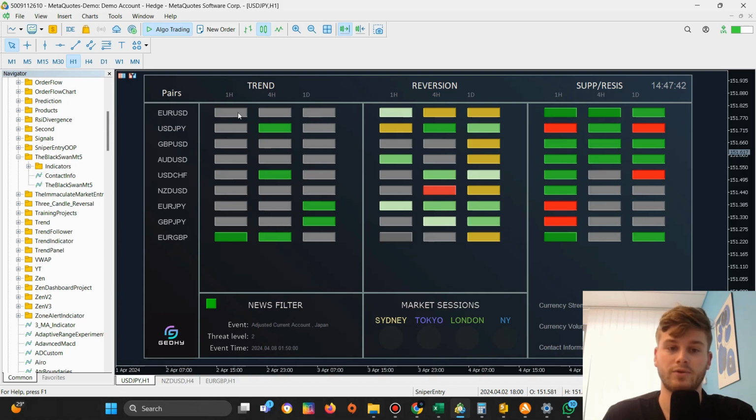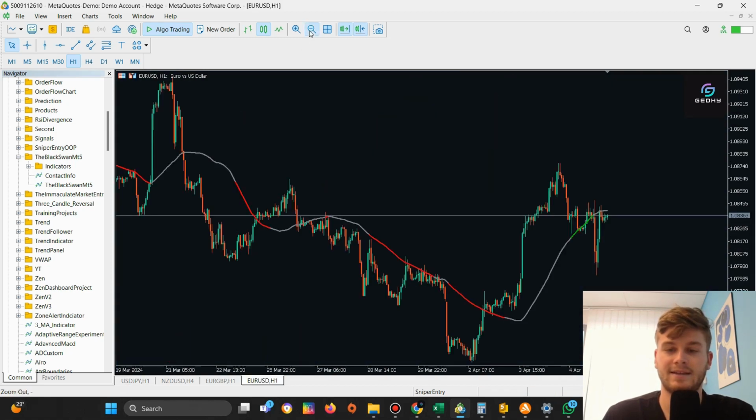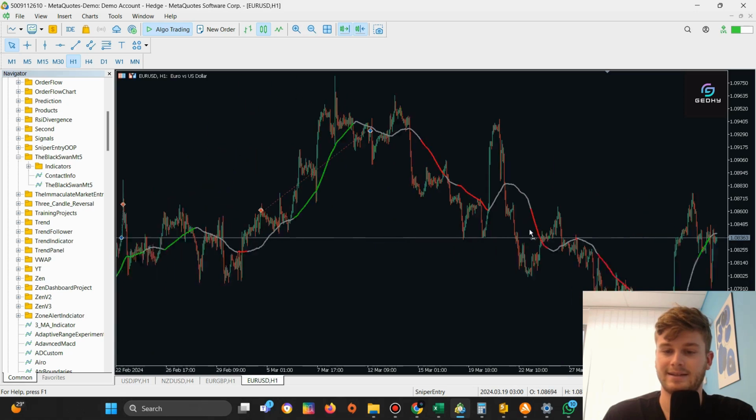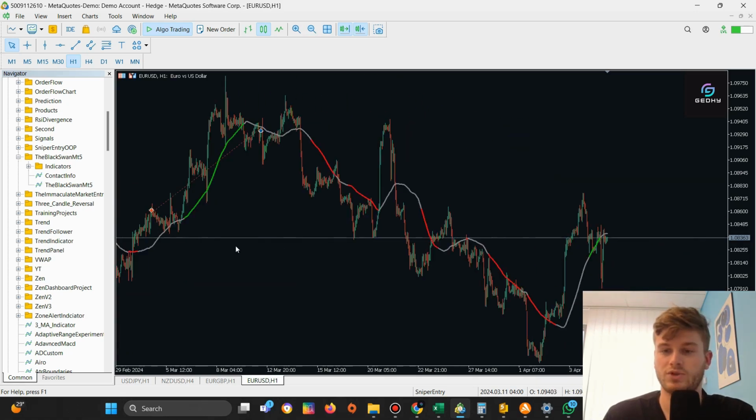So for example, EUR/USD is in a sideways trend right now, which is debatable, but it shows that it is in a sideways trend.